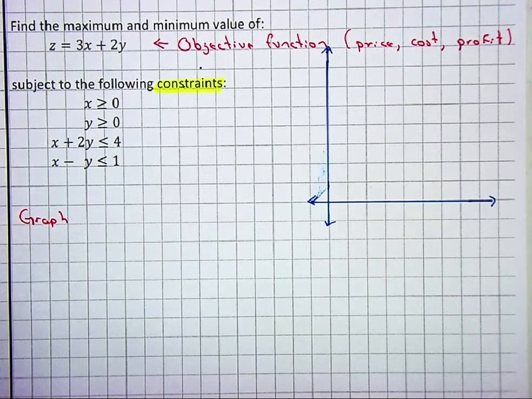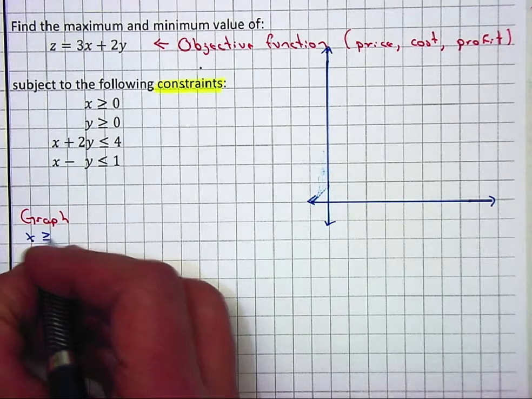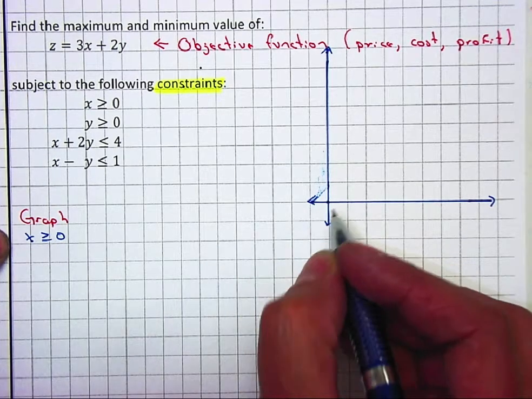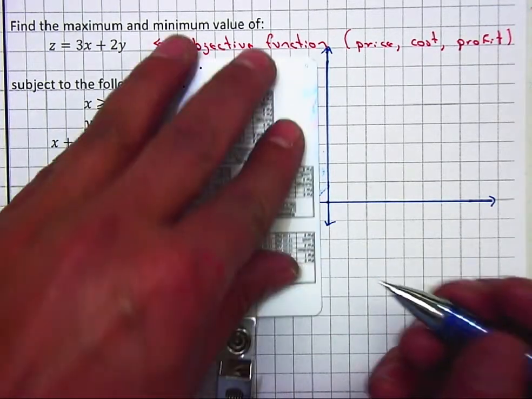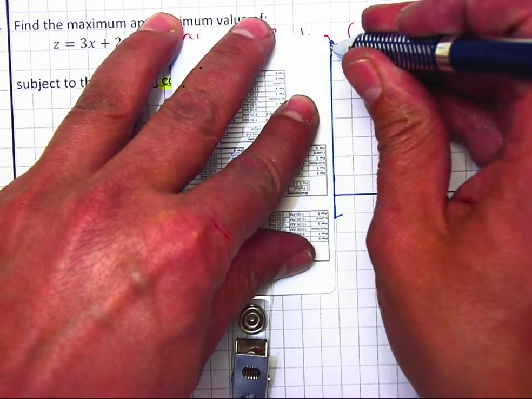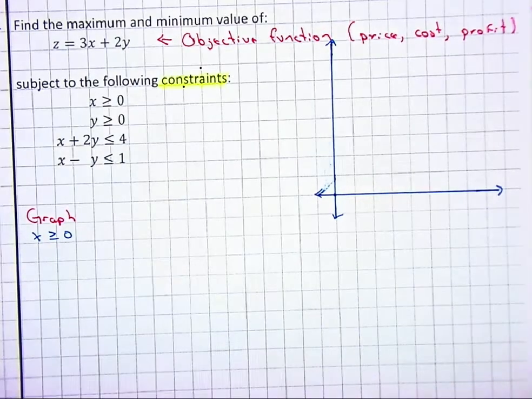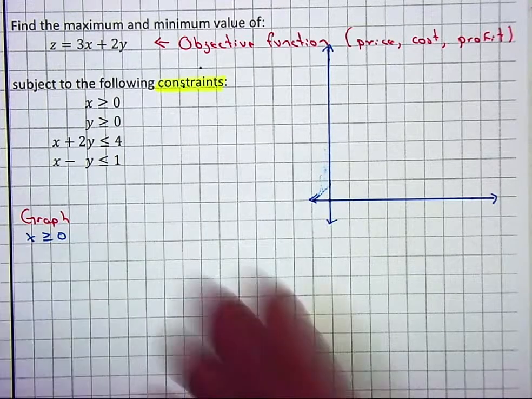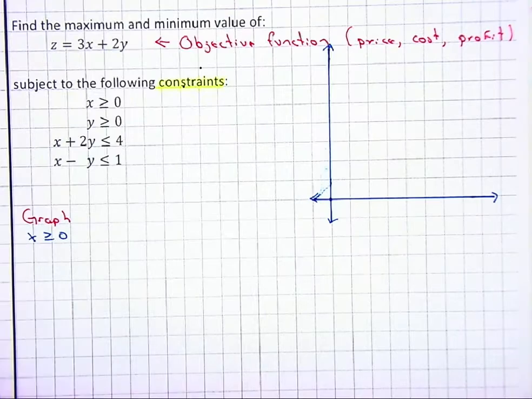The first graph is x is greater or equal to 0. So that means it's going to be a vertical line at 0, right here. And I need to decide which side to shade, whether I need to shade the left or the right.